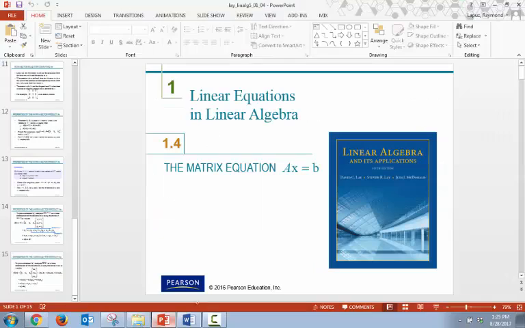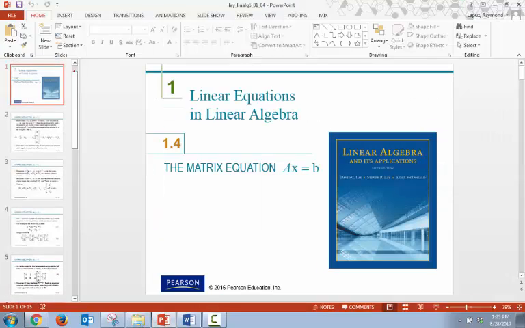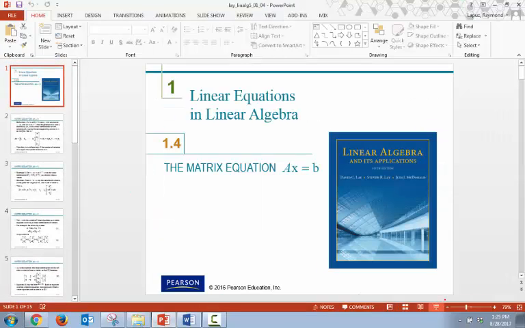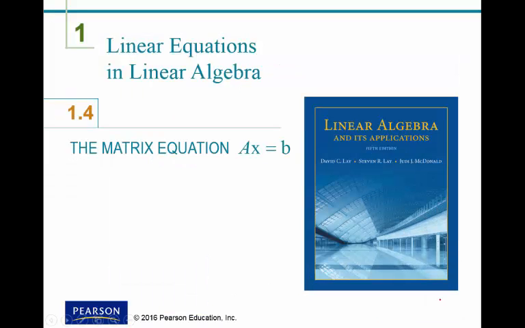Okay, now we're going to jump to the new section that we have that's related to this, and you can see, look at the matrix equation here and imagine how that would relate to what we were just doing. All right, 1.4.